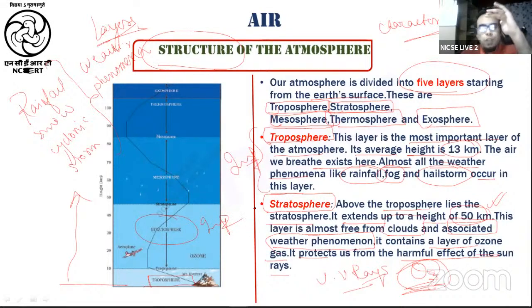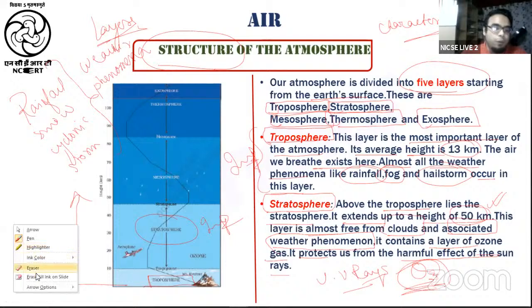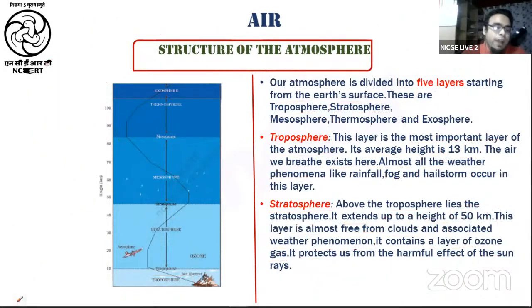So we have understood about the troposphere, and then we have also understood about the stratosphere. Now I will ask you a very interesting question. In which layer do aeroplanes fly? Is it your troposphere or is it your stratosphere? In this case, your correct answer will be stratosphere.